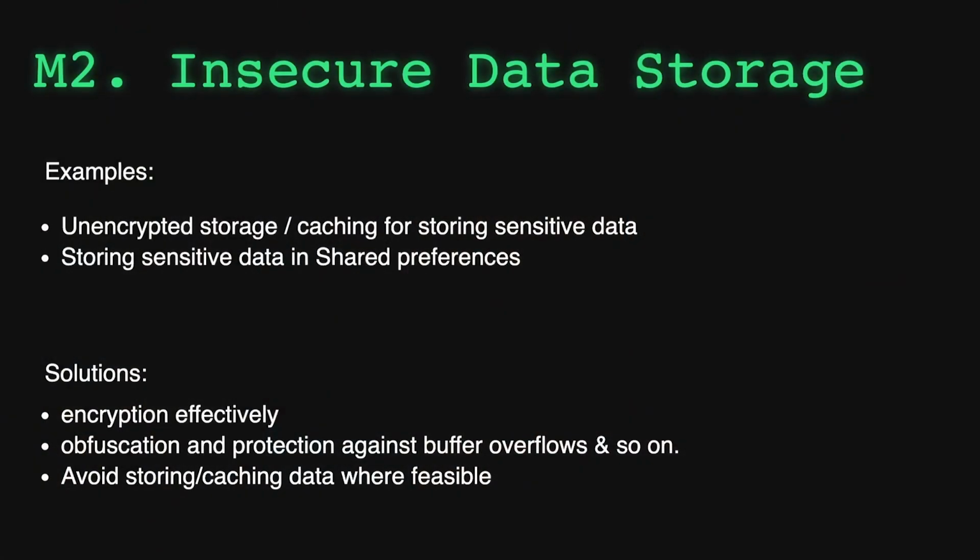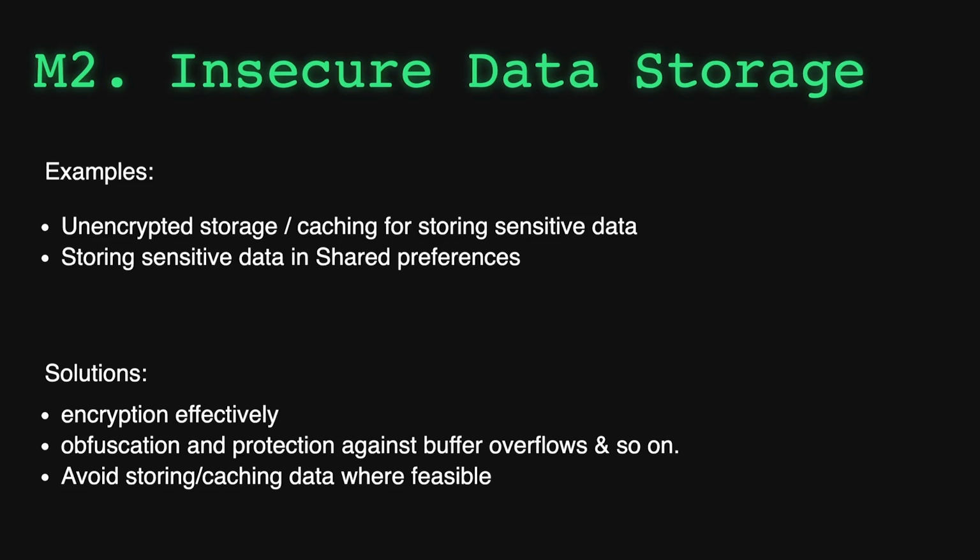Let me give you a couple of examples. When you're storing sensitive data unencrypted in storage, or storing sensitive data in shared preferences, there are a couple of solutions to fix this in different mobile application development.